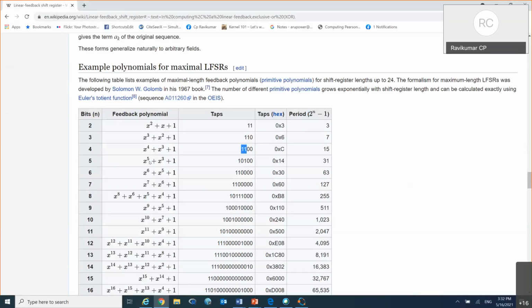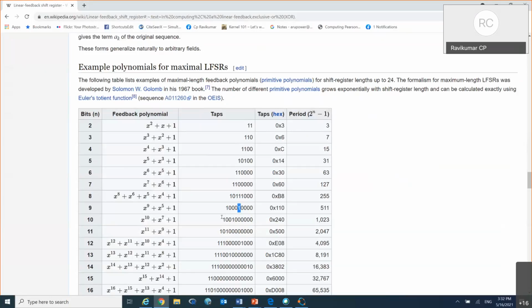Here again the last 5 and 3 are being tapped. 4 is not being tapped. So 5 is being tapped, 4 is not being tapped, 3 is being tapped. 6 and 5. Okay. 7 and 6. This is 8, 6, 5, 4. So 8 and 7 is not being tapped. So 6, 5 and 4. 9 and 5. So 9 and then 5.